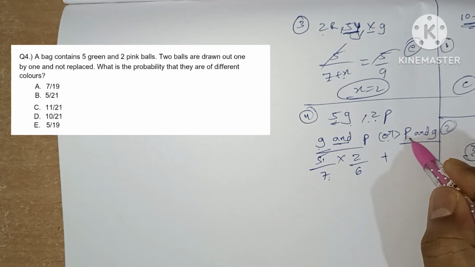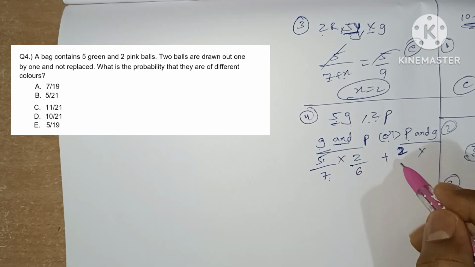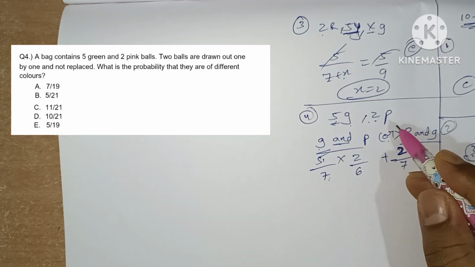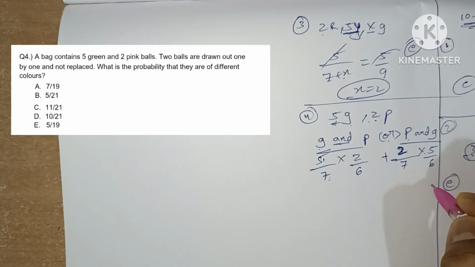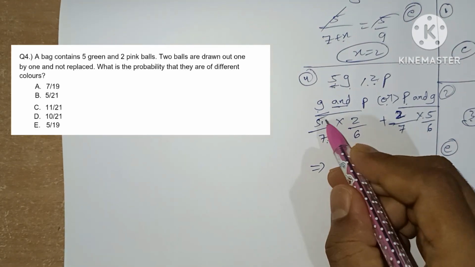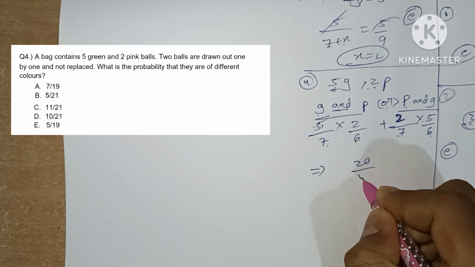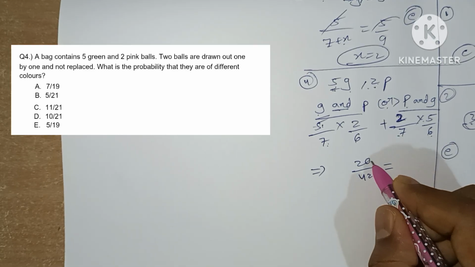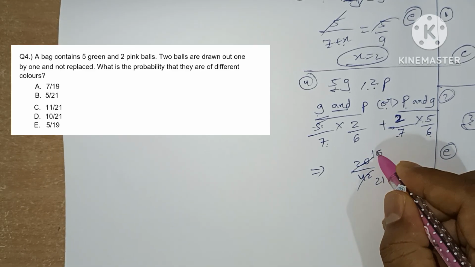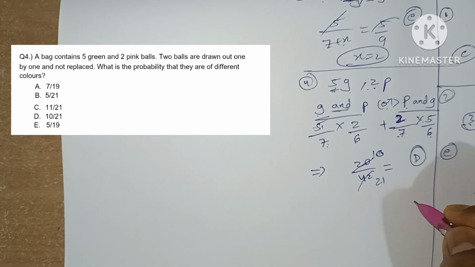In the other case, first a pink ball is taken from 2 out of a total of 7 balls, multiplied by, now one ball is reduced, in 5 balls one ball is to be picked, 5 by 6. So we get 10 by 42 plus 10 by 42, totally 20 by 42, which is 10 by 21. So option D is our answer.